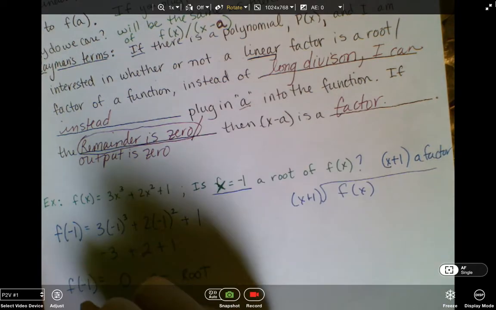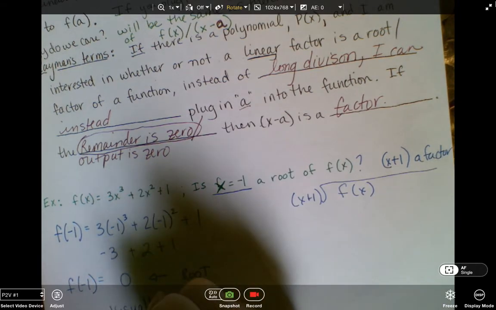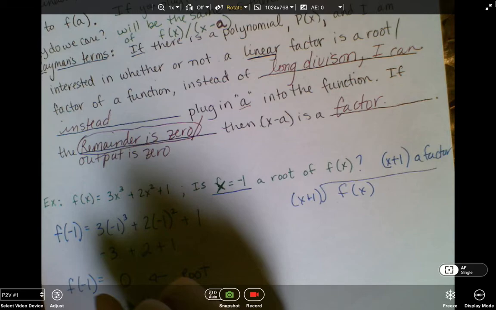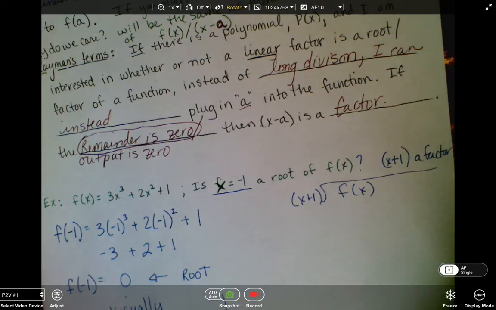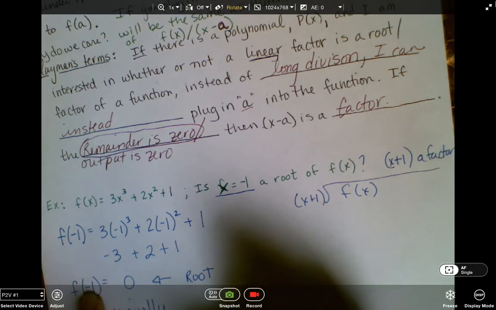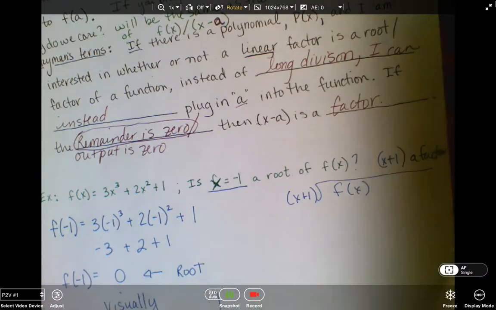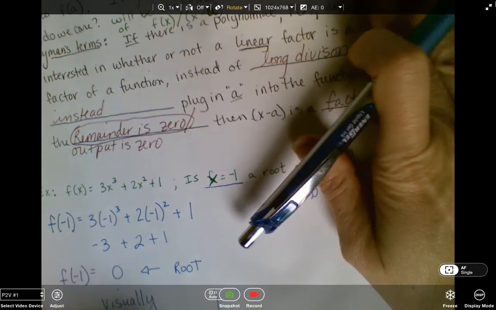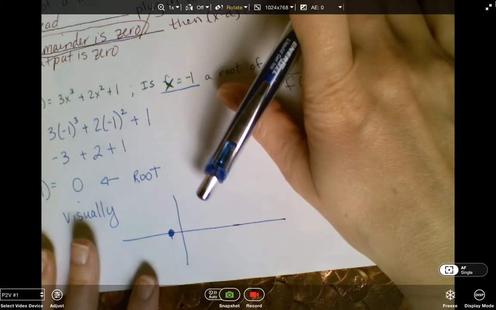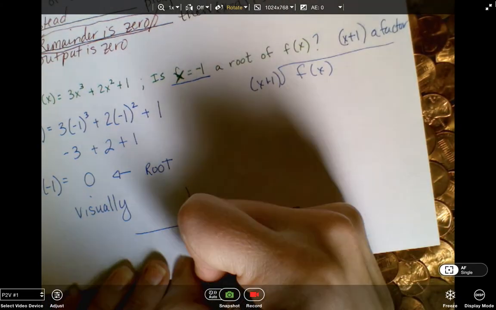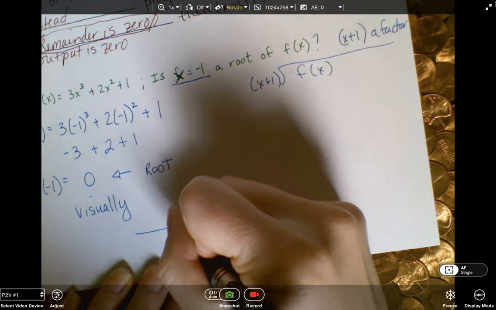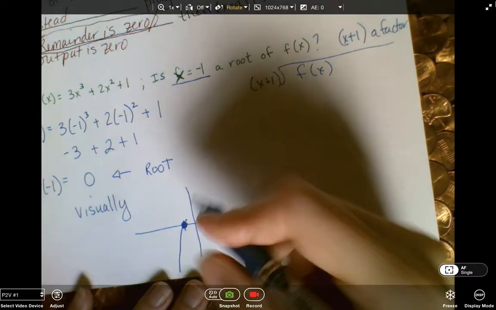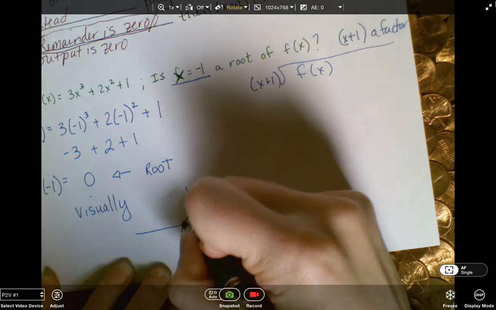Visually, it should make sense that when I plug in a number, negative 1, and I get out a 0, it should be a root, because roots, let's shift this up here a little, are where it touches the axis. So this does something like that.